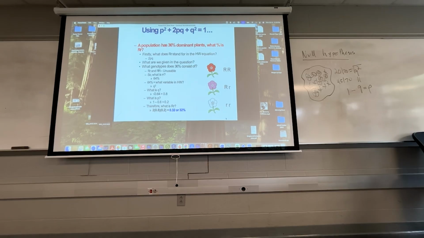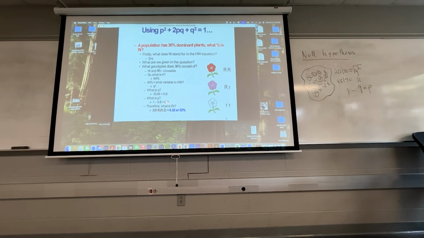So, which is 64%. That equals 1. But 64% is the genotypic ratio. That's Q squared, isn't it? So 0.64 is Q squared. So we would have to square root that, which is 0.8. And then that would give us Q, and subtract that from 1 to get P. Now we're ready to go.